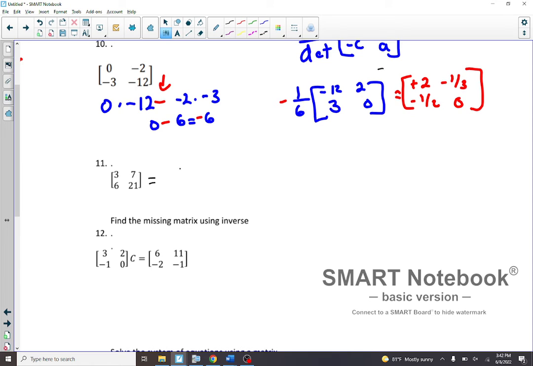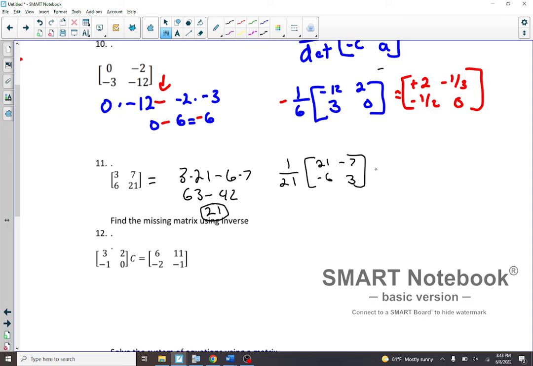All right, determinant: 3 times 21 minus 6 times 7. So 63 minus 6 times 7 is what, 42? 63 minus 42 means this is 21. That's the determinant. So 1 over 21 times the matrix where we swap the places of A and D, so 21 and 3, and make B and C negative.